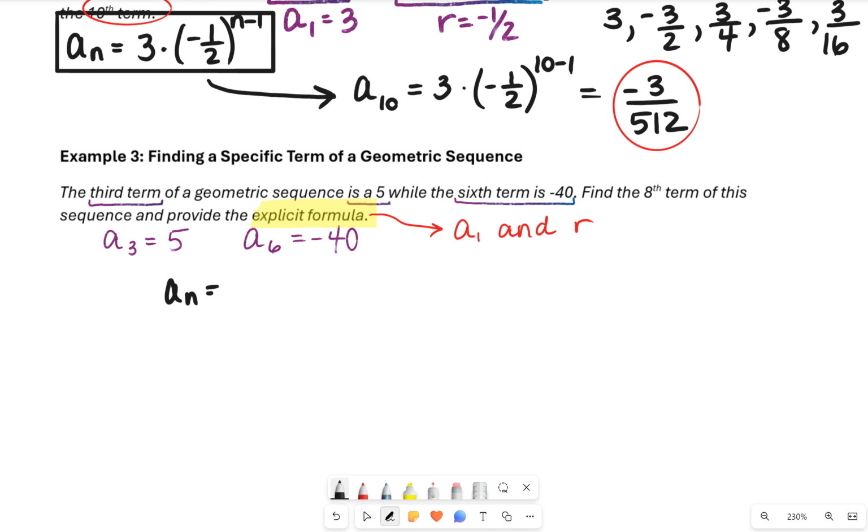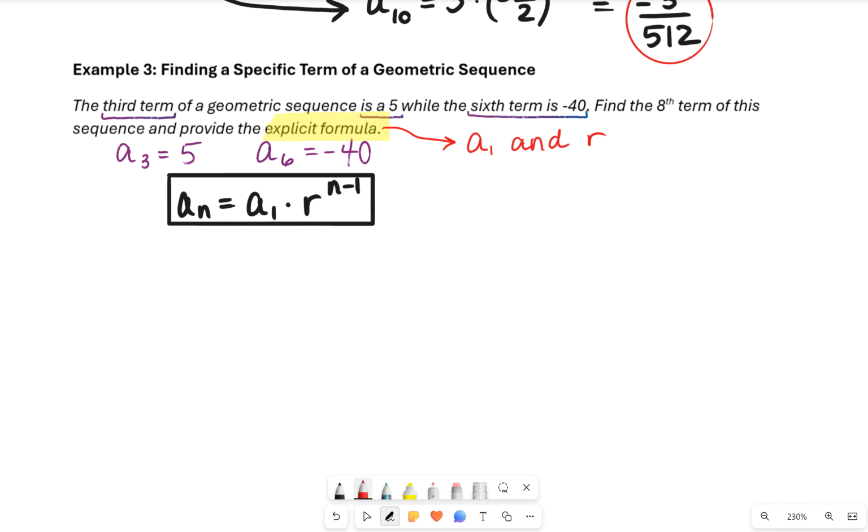I'm writing it out here and boxing it in because this is just a reference of what we're going to use to write my 2 equations, because I have 2 unknowns. A1 and R are 2 unknown values. And if you have 2 unknown values, I need 2 equations written in 2 variable form to solve for it.